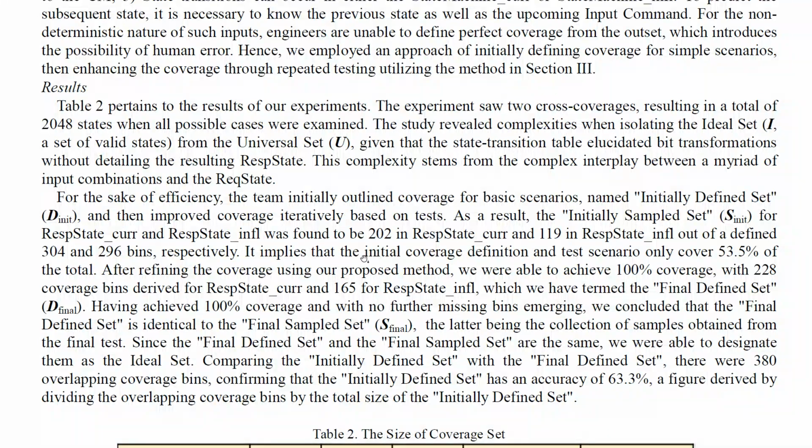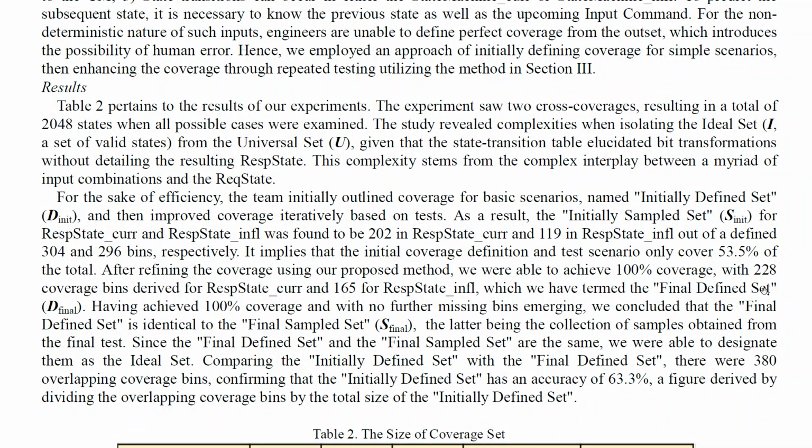It implies that the initial coverage defined and the test scenarios only cover 53.5% of the total. After refining the coverage using our proposed method, we were able to achieve 100% coverage with 228 coverage bins derived from the RESP state_CORE and 165 for RESP state_INFL, which we have termed the final defined set, D_final.